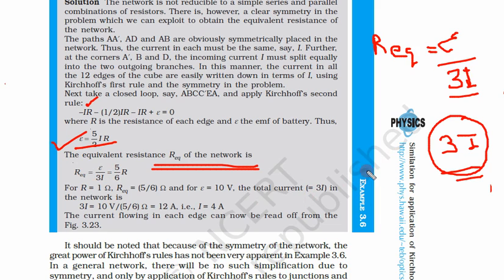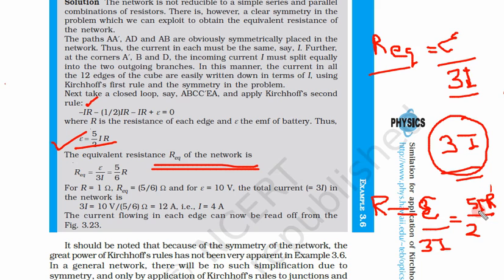Now what we get? R equivalent is epsilon upon 3I. Now what is the value of epsilon? Epsilon is 5 by 2 IR.